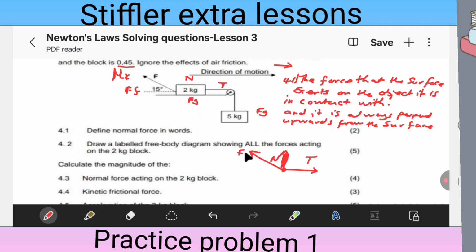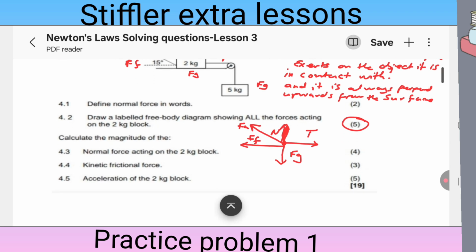Since this object is moving to the right, we also have the frictional force to the left, and the gravitational force. So this is 5 marks, 5 forces: 1, 2, 3, 4, 5.